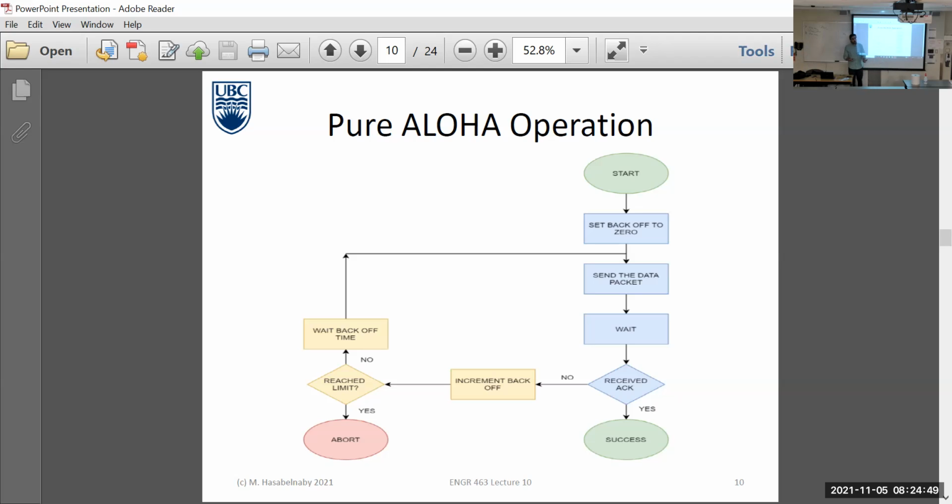Let's make the discussion more effective. Okay, so in terms of time, how many seconds do you need to ensure that your transmission is correct?